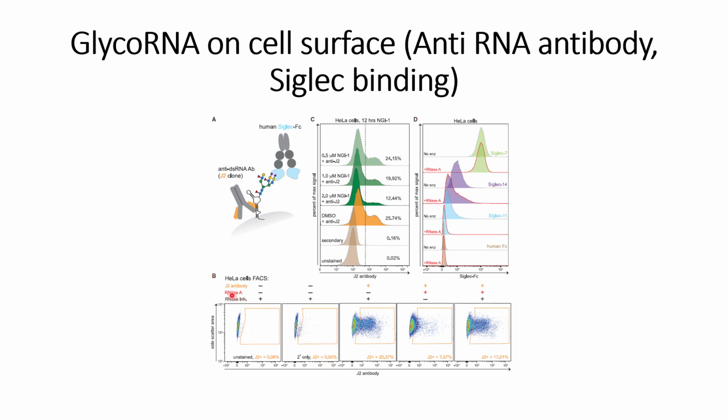The reasoning they mentioned is that these antibodies might contain some RNases because of the crude preparation process, and those RNases might help in degrading the RNAs that are present on the cell surface. Because of this, there is no signal we can observe in the unstained one.